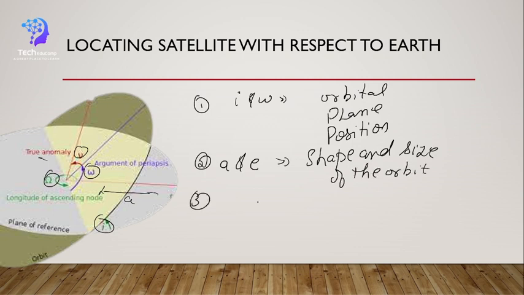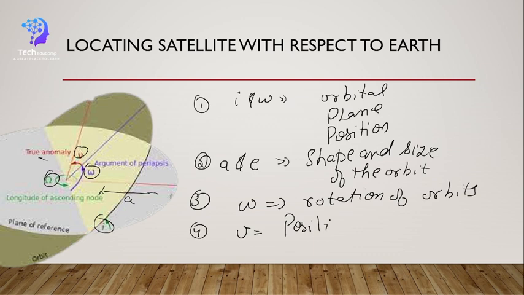Third, omega tells the rotation of the orbit, and fourth, v, the true angular position, tells the position of the satellite in orbit.